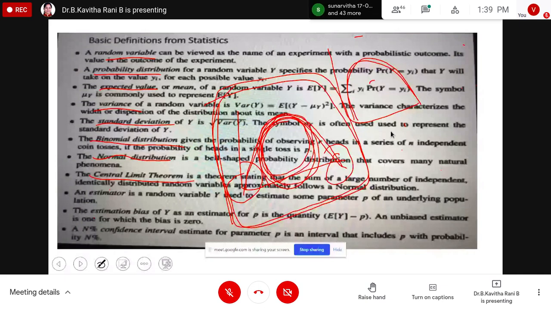So as we go on increasing the sample, the mean of that sample tends to fall in a normal distribution. So in the central limit theorem, it follows the normal distribution method.